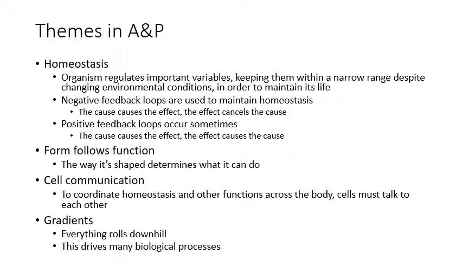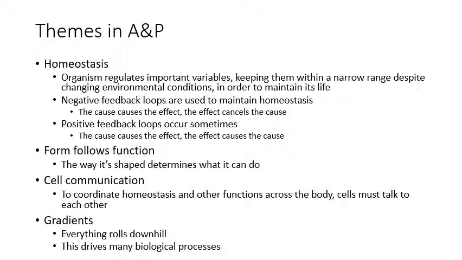We have a couple of types of feedback loops. First you have negative feedback loops, and then you have positive feedback loops. In a negative feedback loop, the result blocks the cause. So for instance, let's say you're going outside on a hot day in El Paso. You go out into the sun and your body temperature starts to rise.